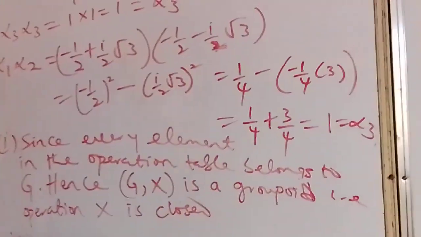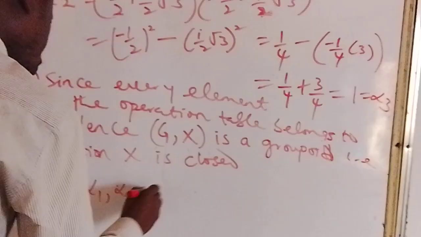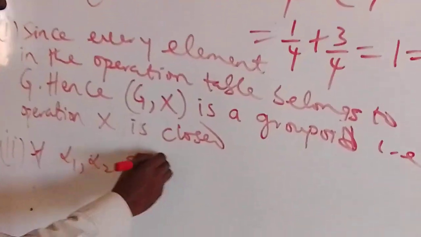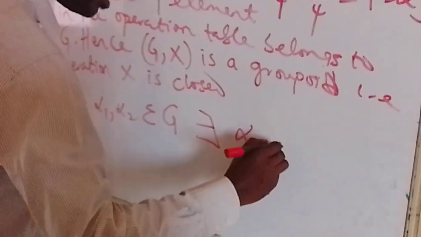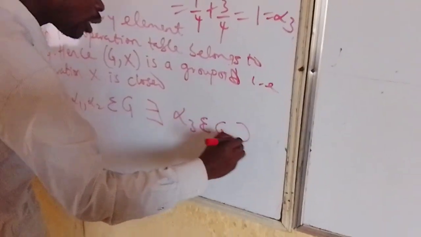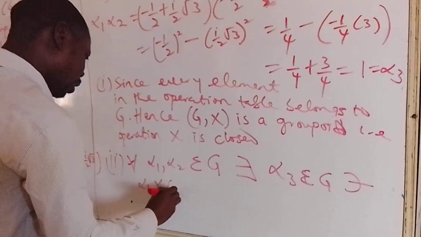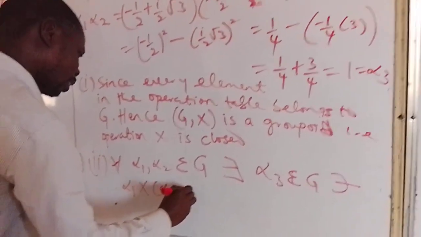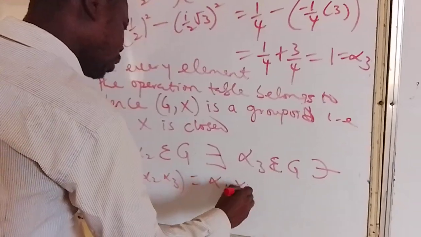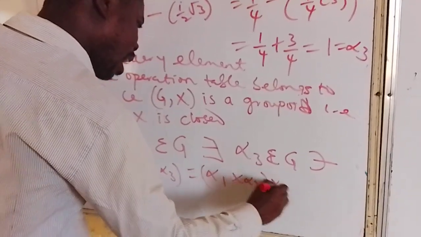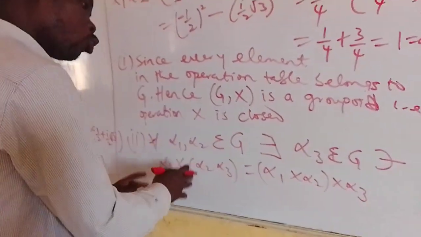So for all alpha 1, alpha 2 belonging to set G, there exists alpha 3 belonging to set G such that alpha 1 cross alpha 2 alpha 3 is equal to alpha 1 cross alpha 2 multiplied by alpha 3. So we want to check for associativity. We check whether the left is equal to the right.